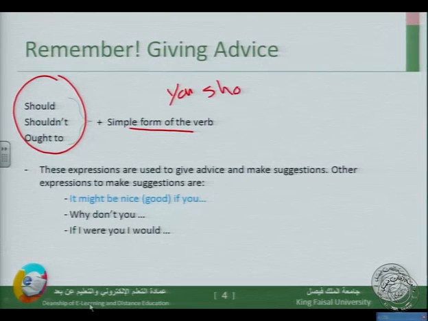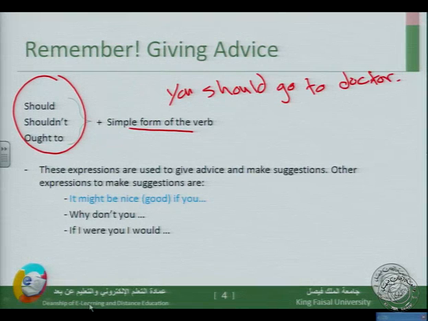You should say, you should go to the doctor. Or you ought to go to the doctor. Shouldn't is the negative form of should, and ought to is used to give advice.